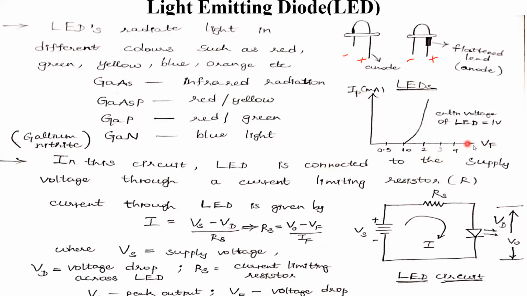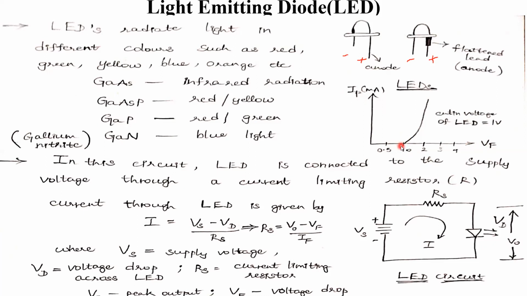Or you can make it IF, forward current, for our convenience. IF and VF are better: forward voltage and forward current. The cut-in voltage of this LED is 1 volt.